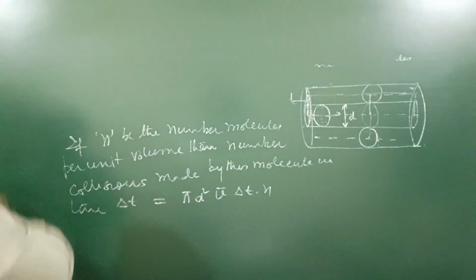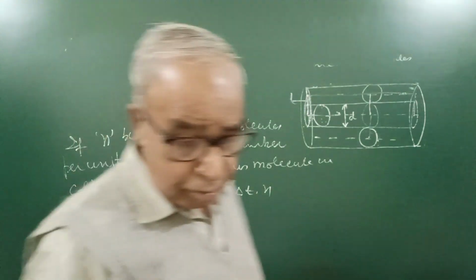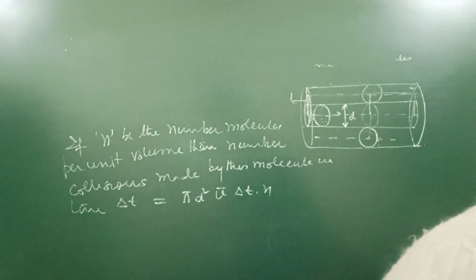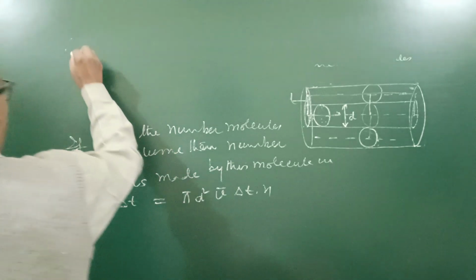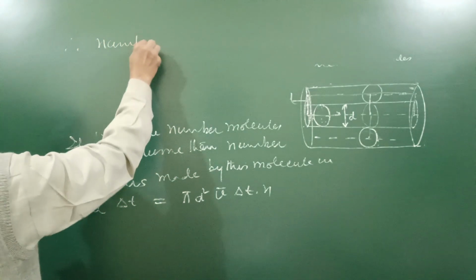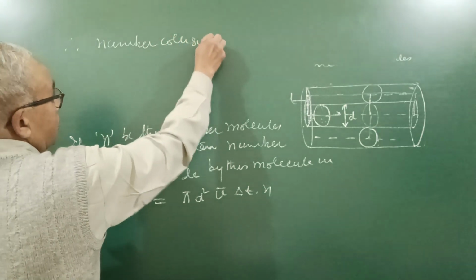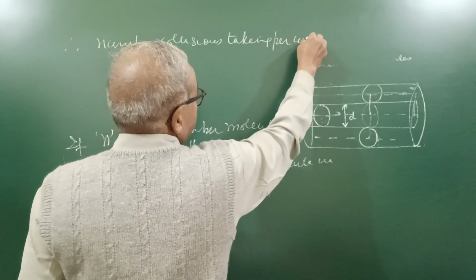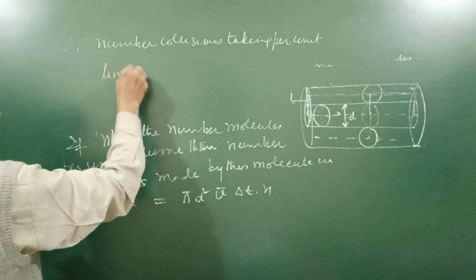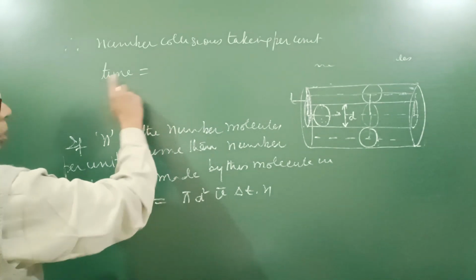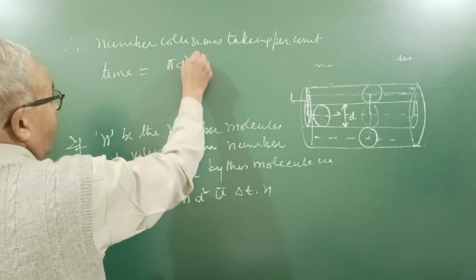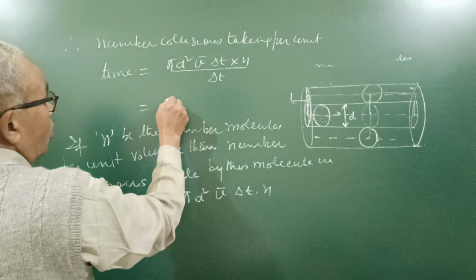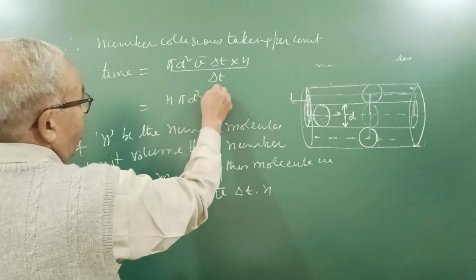Hence the number of collisions taking place per unit time is equal to pi d square v bar delta t into n upon delta t, which is equal to n pi d square v bar.